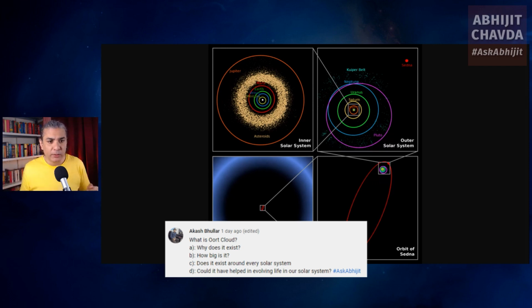And therefore, from time to time, various cometary nuclei get dislodged from their orbits, and some of them are sent tumbling towards the sun. And that's what eventually becomes comets. So this is basically a hypothetical reservoir of comets. It's almost halfway to the nearest star. That's what the Oort cloud is. It's hypothetical, but there's a very good chance that it does exist.